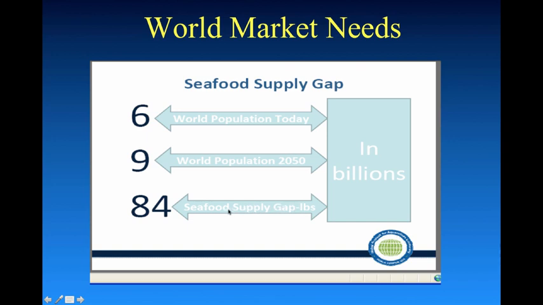Where is that going to come from? Well, that's why you're taking the course, because we think, with good evidence, that it is all going to come from aquaculture. And you're going to learn about recirculating aquaculture, because it's the most sustainable form of aquaculture.